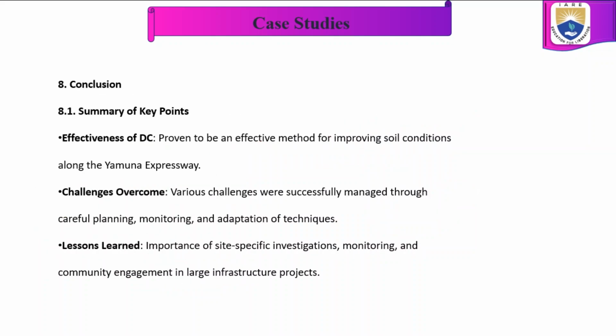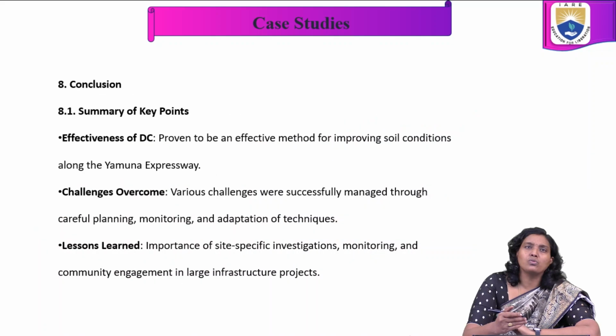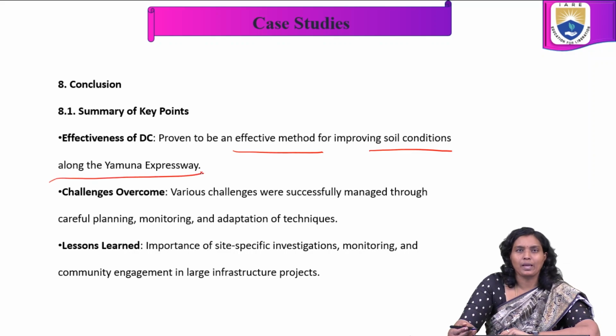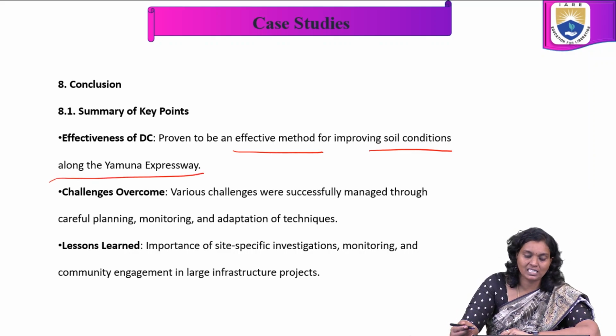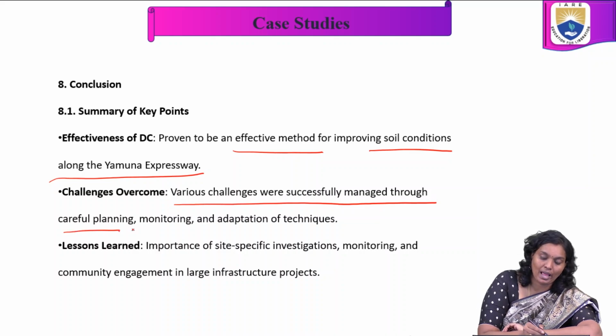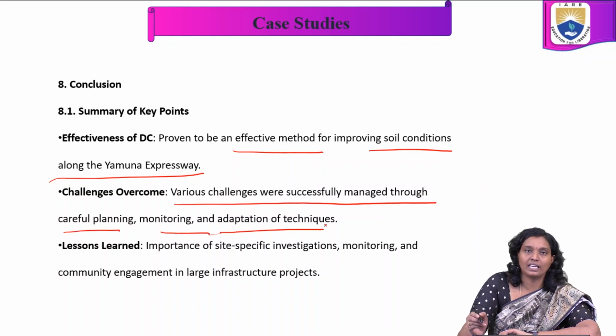In the conclusions, what we understand is the effectiveness of dynamic compaction, proven to be an effective method for improving soil condition along the Yamuna Expressway. Various challenges were successfully managed through careful planning, monitoring and adoption of techniques.